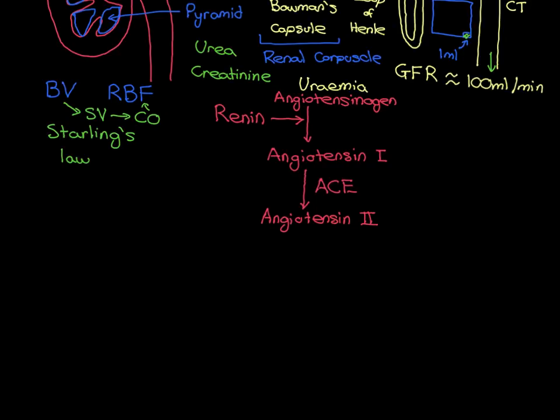So, the message from that is that angiotensin-converting enzyme is all over the place in the vascular system, and therefore the angiotensin 1 that is in the blood plasma can easily then be converted into angiotensin 2. Angiotensin 2 is then going to activate the release of aldosterone from the adrenal glands.